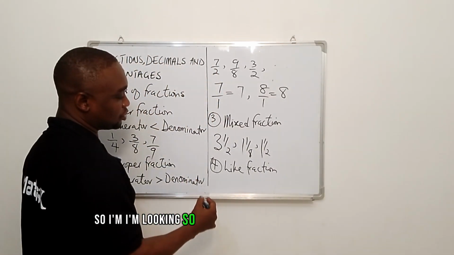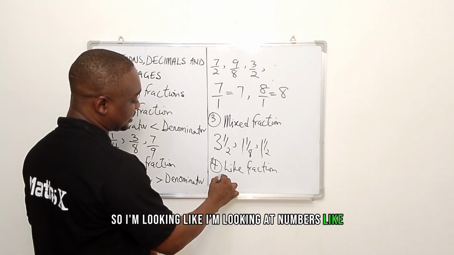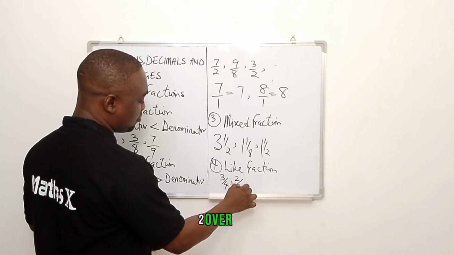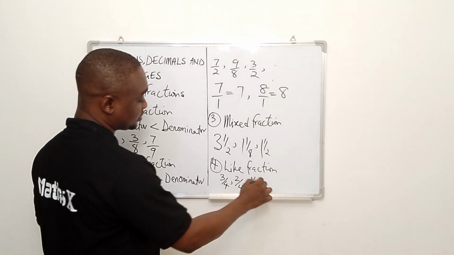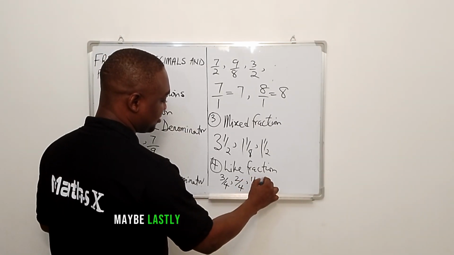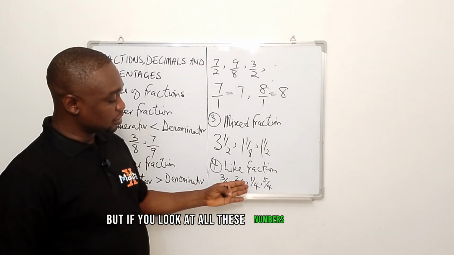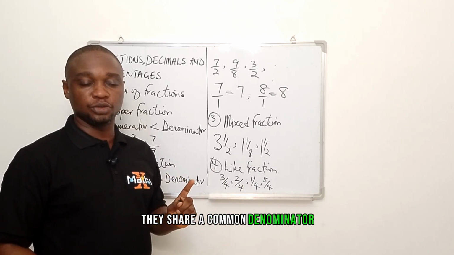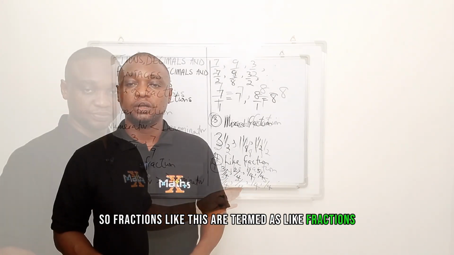So I'm looking at numbers like 3 over 4, 2 over 4, 1 over 4, maybe lastly 5 over 4. Though improper, if you look at all these numbers, they share a common denominator. So fractions like this are termed like fractions.